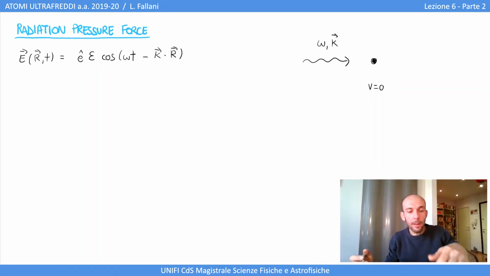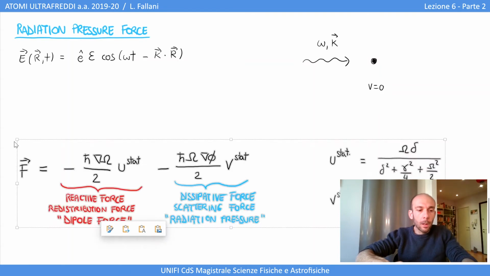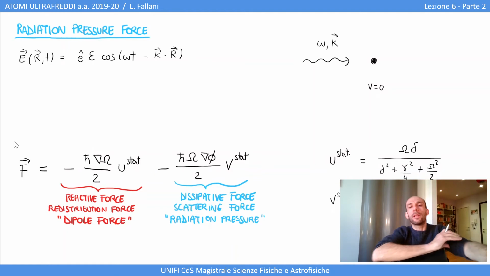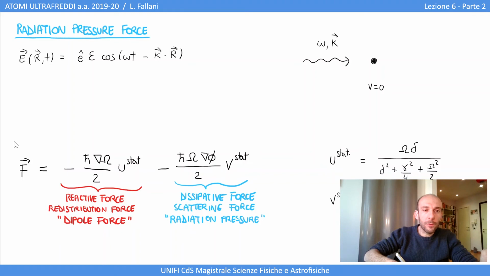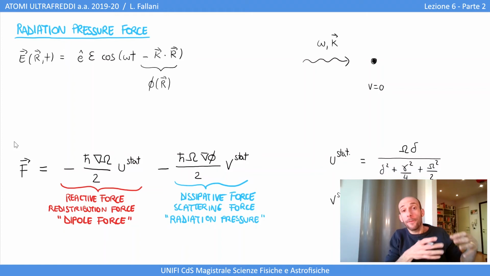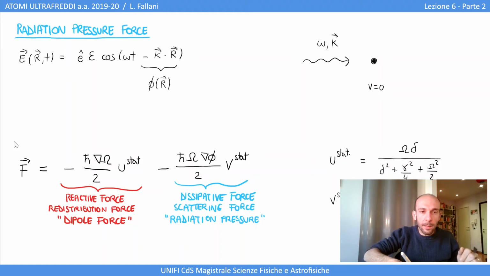And let's apply the expression for the force we have derived previously to this specific case. That is the simplest case one could think of. And so the expression of the force, let me take it back, was the following. And now we can connect this expression for the electric field with notations we have used previously, and so we can recognize that what we call phi, the spatially dependent phase of the electric field, can be written quite simply as only minus k dot r.